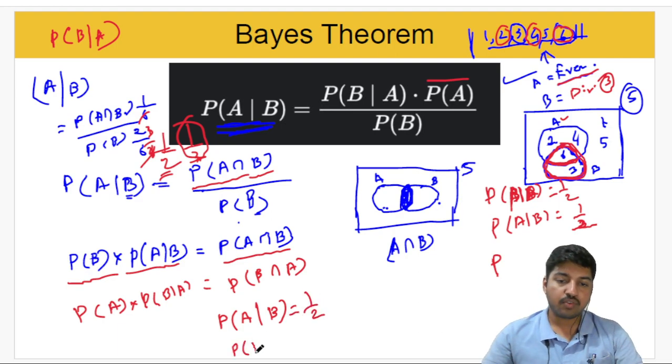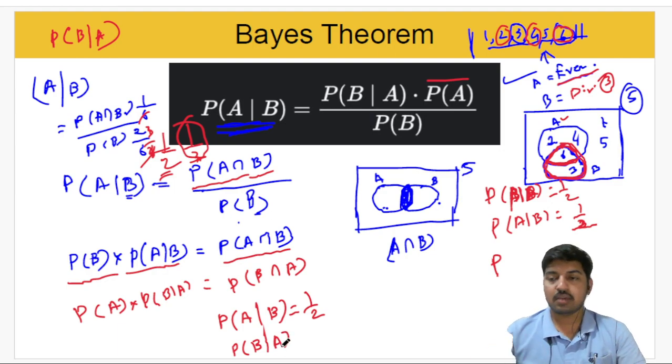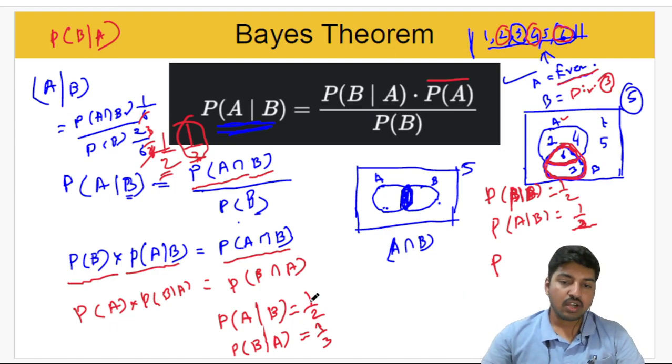Now what is the probability of event B given A? So already I know that the number is even. What is the probability that it will also be divisible by 3? Which we calculated as 1 by 3. Now we will just see the magic. What is the probability of event A alone?